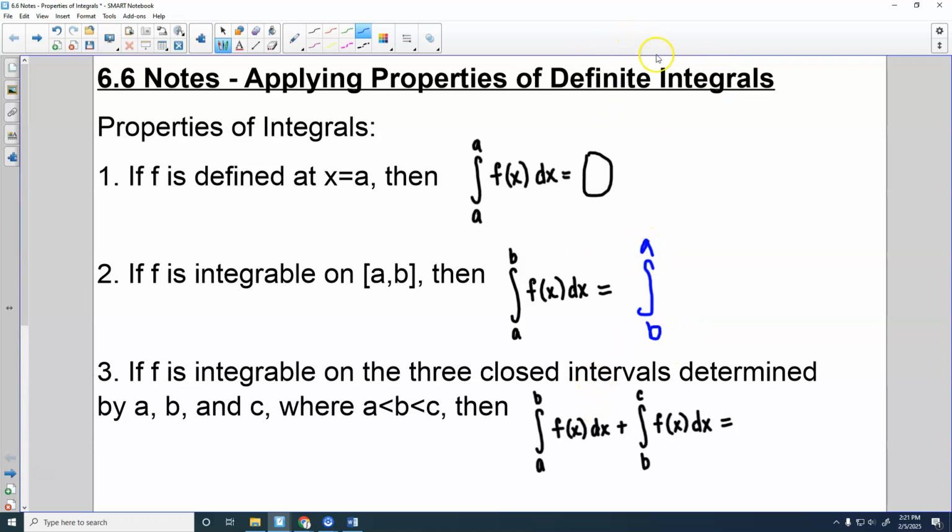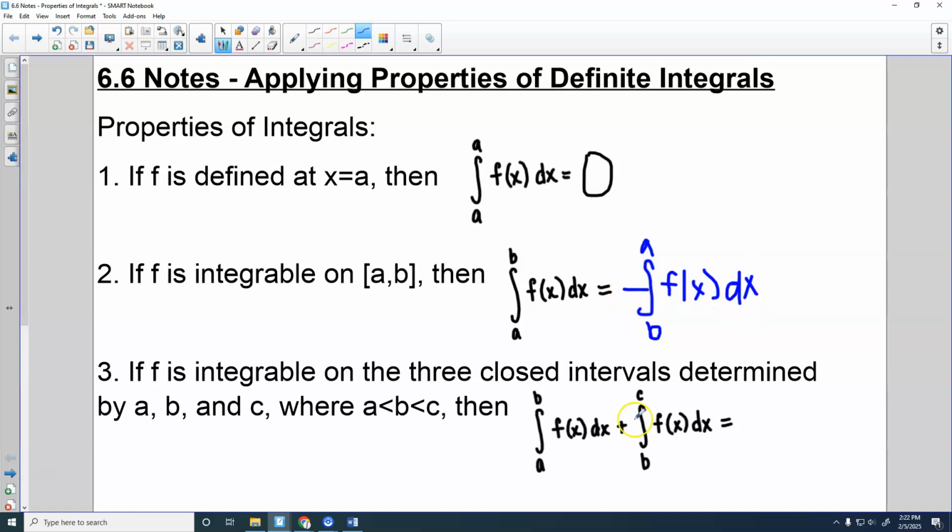If I switch my limits here, so where I had a to b, now I'm going backwards. I'm going from b to a. Then this f of x dx here stays the same.